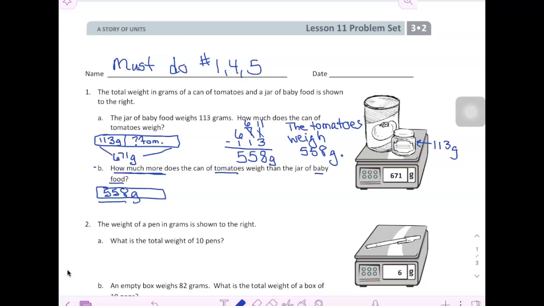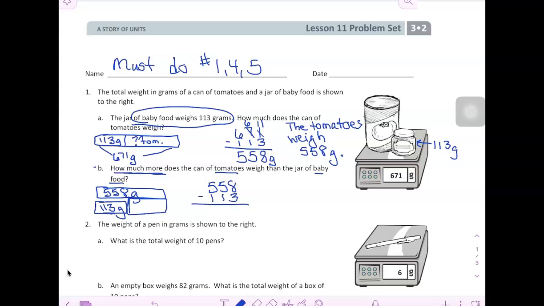We have the weight of the baby food. The baby food was 113 grams, and I can look back up here for that information. We have to use all the information that they give us. So I want to know how much more does this weigh than this? So again, we're going to use subtraction.